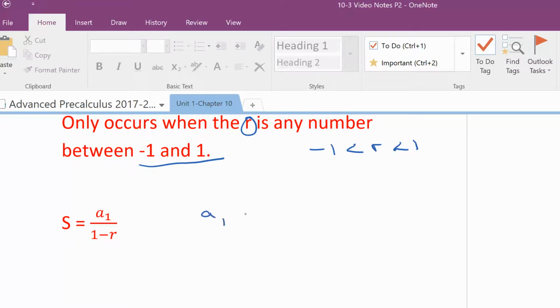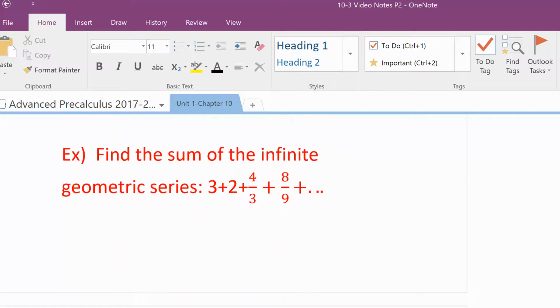by knowing the first term and the ratio, because there is no n because it's infinite. So for example, if you want to find the sum of 3 plus 2 plus 4/3 plus 8/9, well, the first term here is 3.